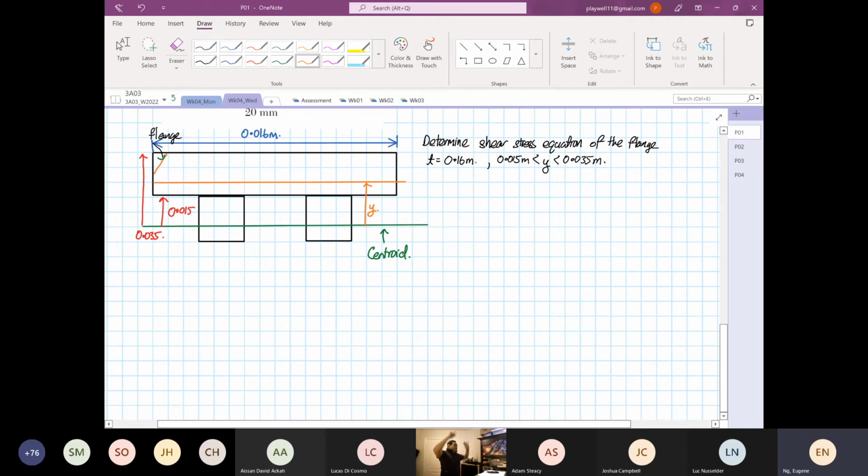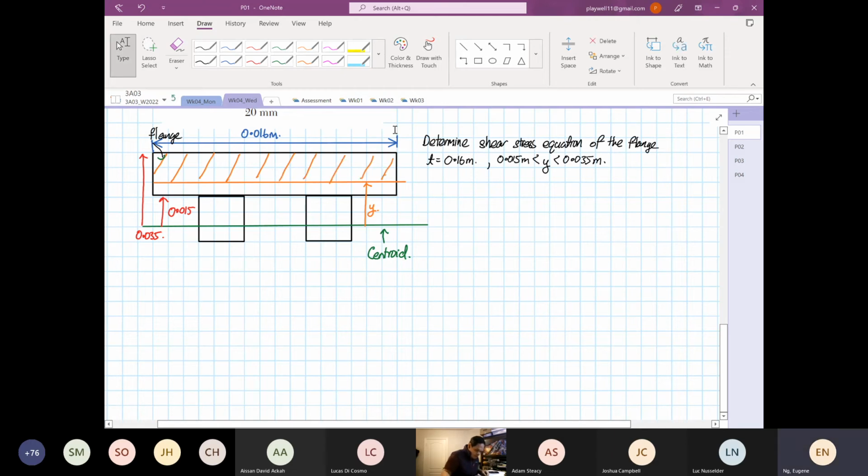You decide where you want to position y, but it cannot be smaller than 0.015. So it cannot go into the web section. It can only be in the flange section. So this is the area of interest.